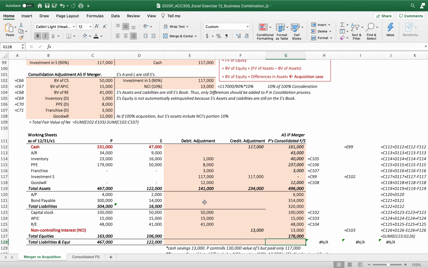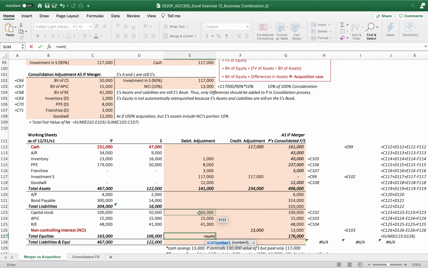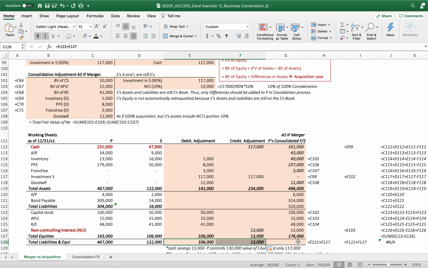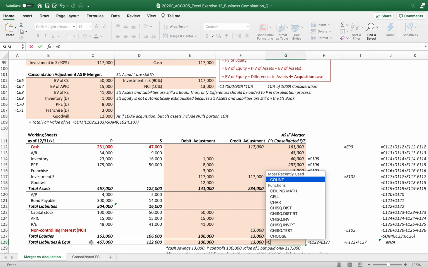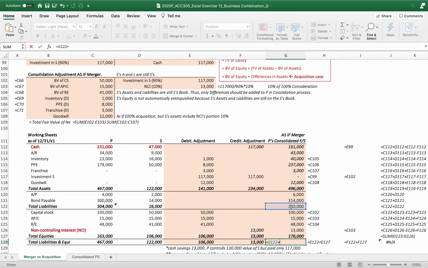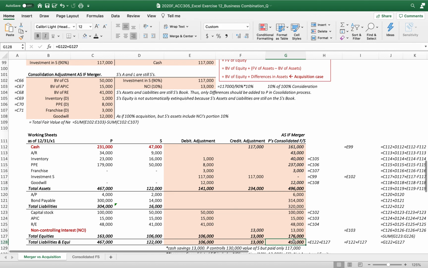Okay, so let me just clarify this working sheet. Then the sum of these liabilities and the equity, you can just put liability and the equity, we have the same result.